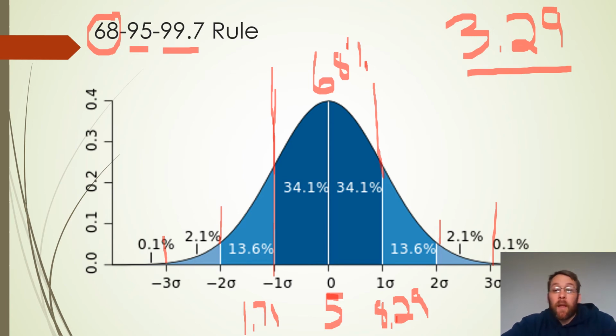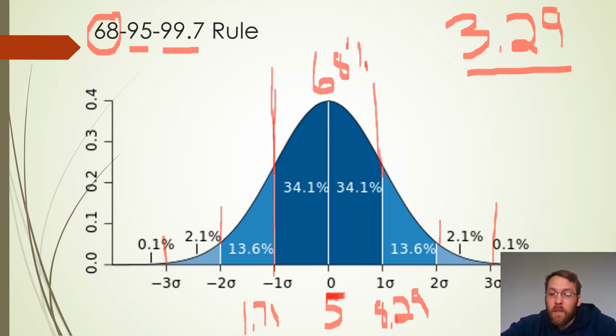All right. Now, again, this can be helpful with regard to sports betting. So if I know that on average, let's say LeBron James dunks a basketball 5 times per game, and I want to make a bet with my friend, I can predict with 68% accuracy that in the next NBA game that LeBron James plays, he is going to dunk a basketball, excuse me, 1.71 times to 8.29 times.